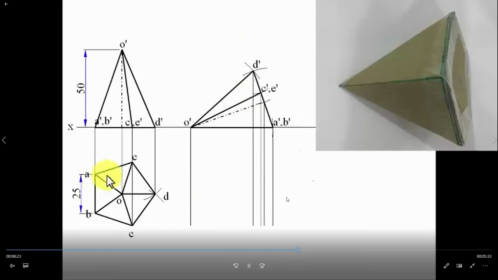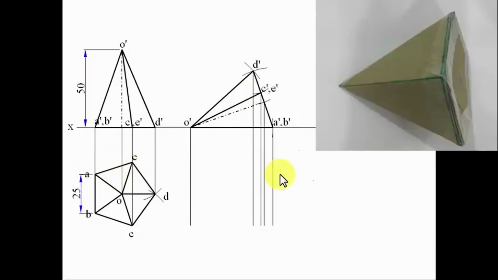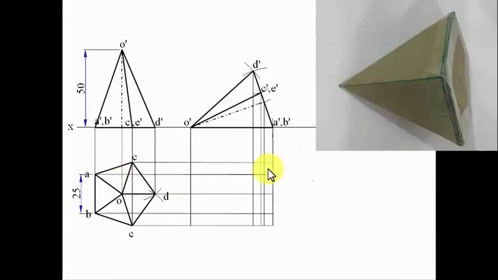Now you extend the lines from the front view to the first stage, the simple stage top view, also you extend in this way. Now you identify every corner point, that is D, E. Here, what are the points? You observe A dash, B dash. That is A and B. Same points here in this way.